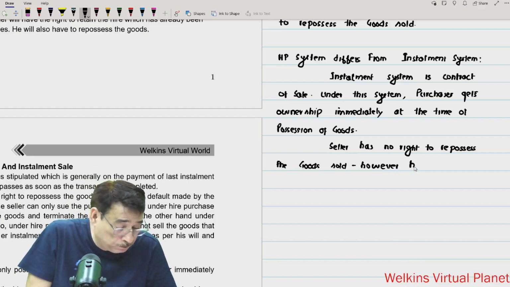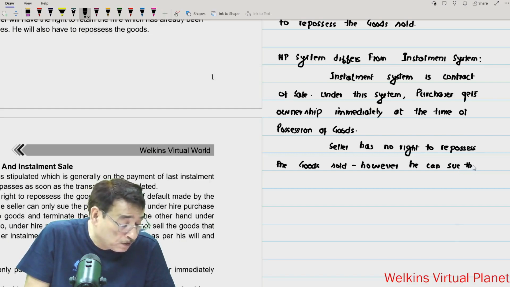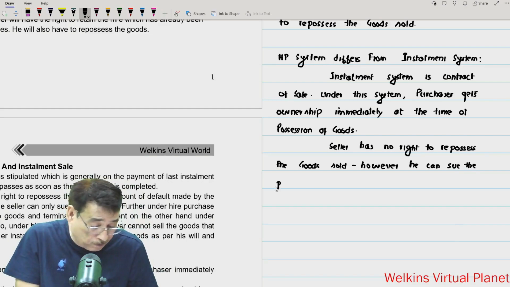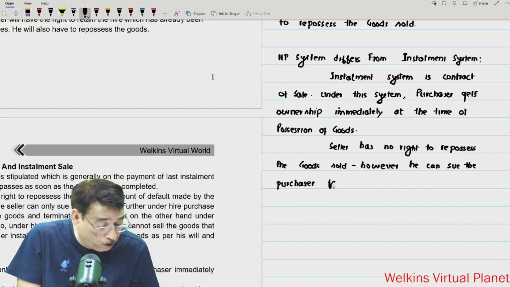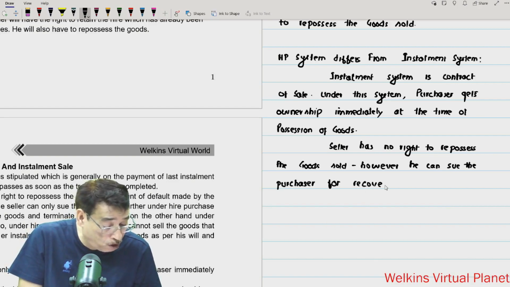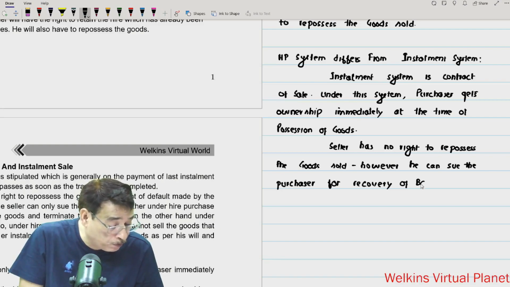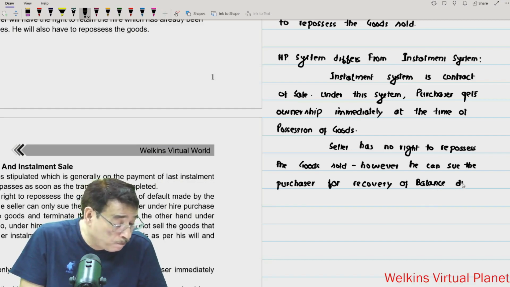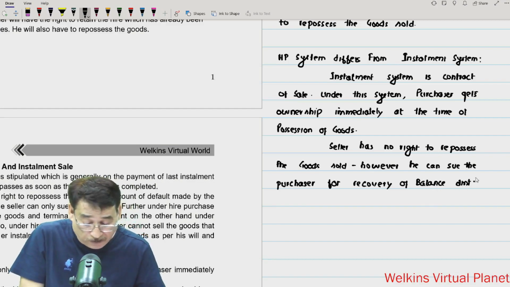He can sue the purchaser for recovery of balance amount. This is the big difference between installment system and hire purchase system. Balance amount.